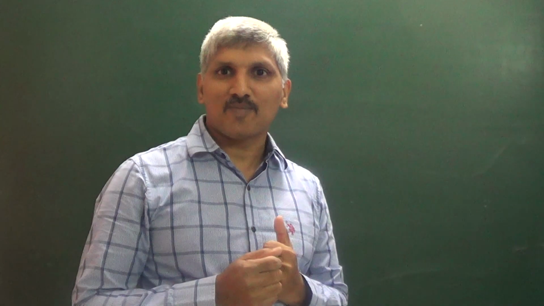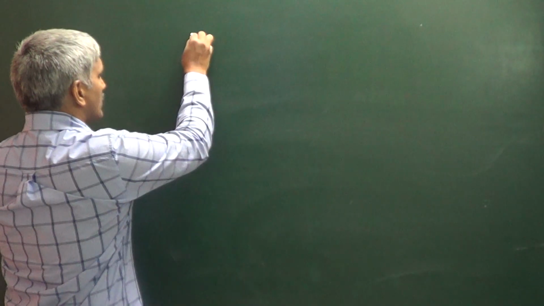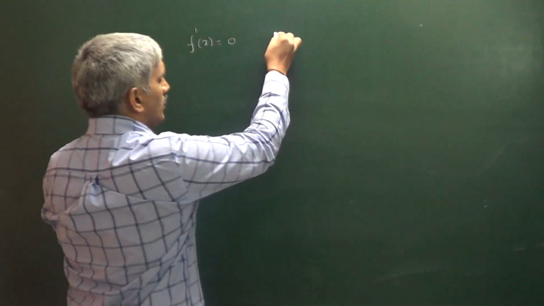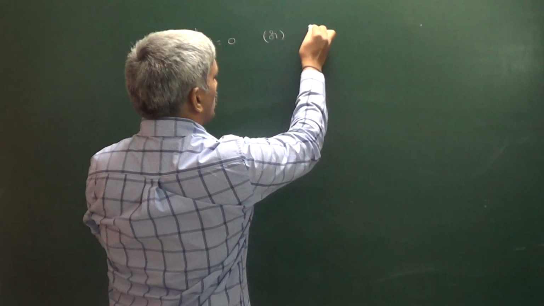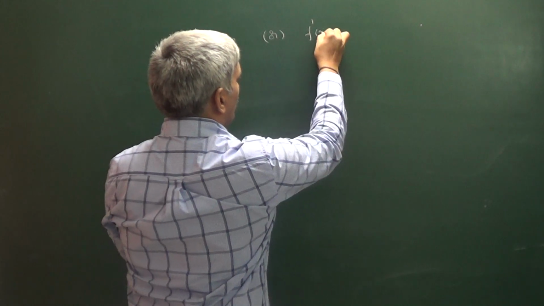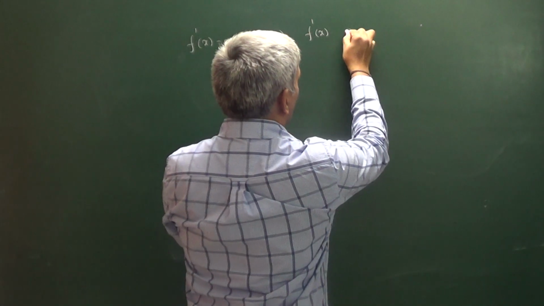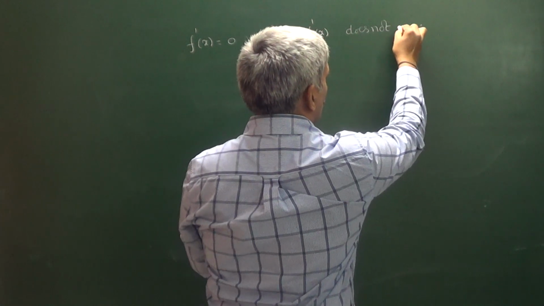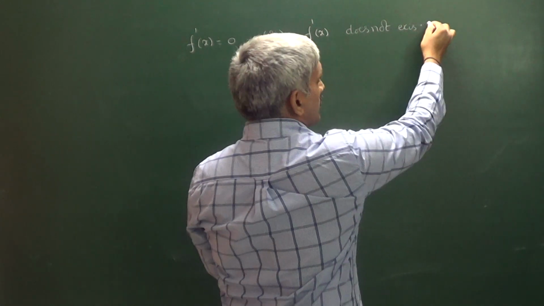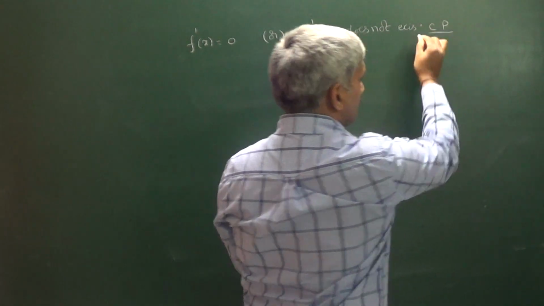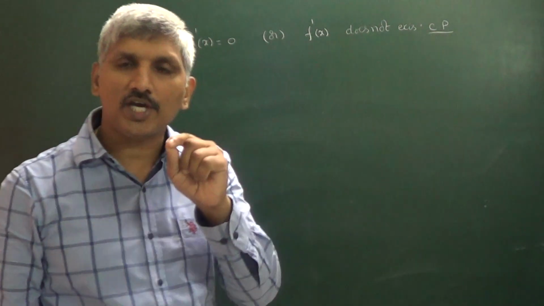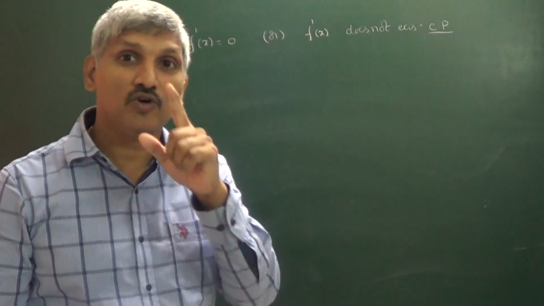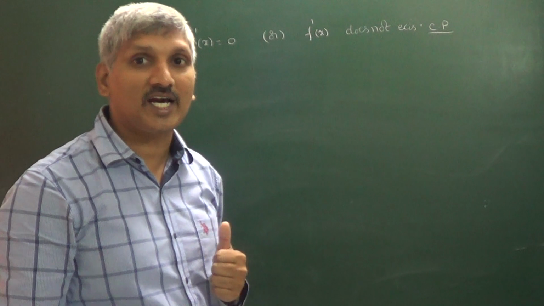So what are critical points? Where f dash of x is equal to 0 or f dash of x does not exist, those points are called critical points. Where differentiation is equal to 0 or where differentiation does not exist, those points are called critical points.